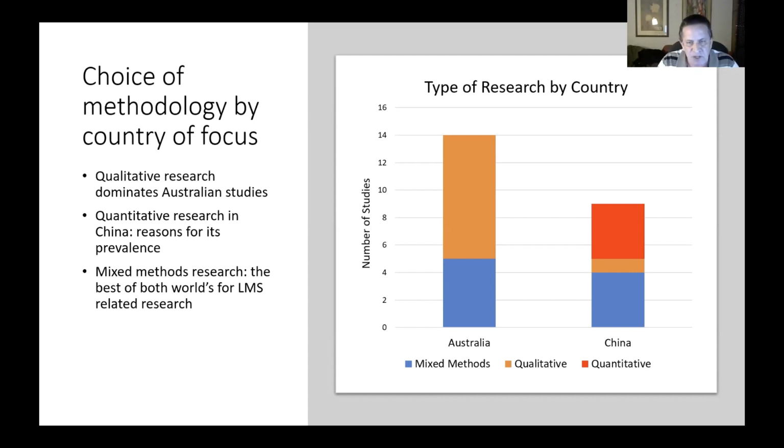The interesting thing here is why all of the quantitative papers are occurring in China and none of them in Australia. I just want to clarify what I mean by a quantitative paper in the context of this review.